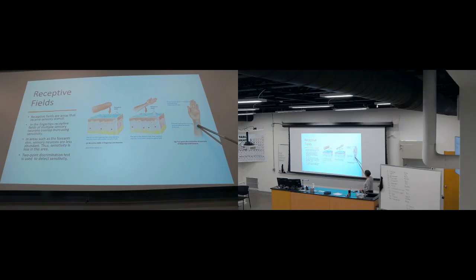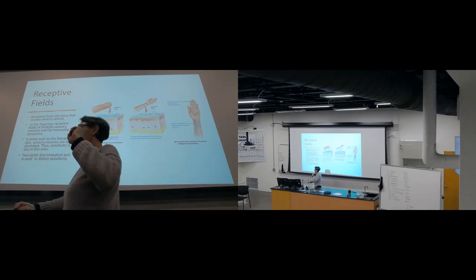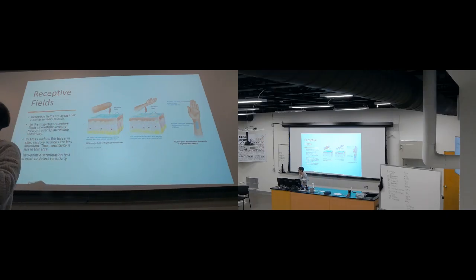So basically, the receptive fields are farther apart in here, and in here are closer together. That's why you can tell with the fingertips when you are touched with this device at 3 millimeters or less really easily, but not in here.